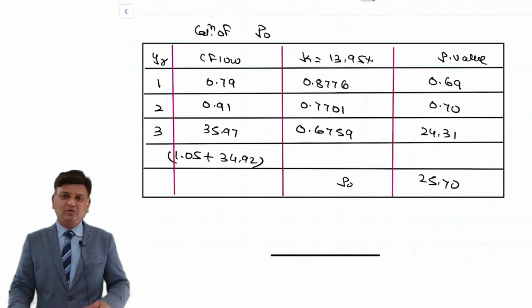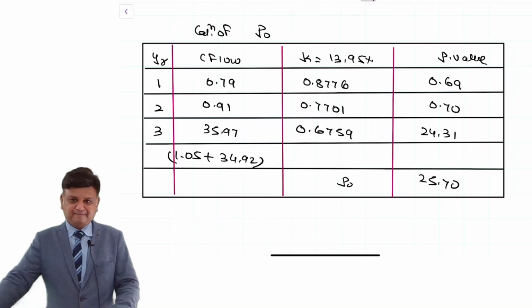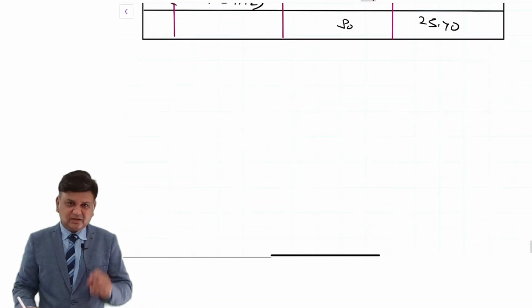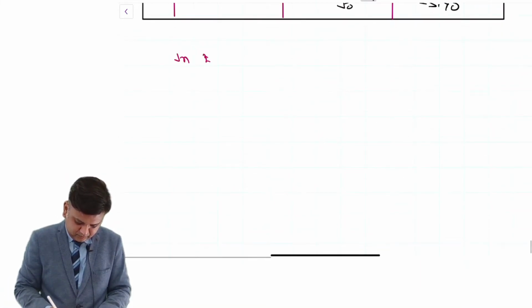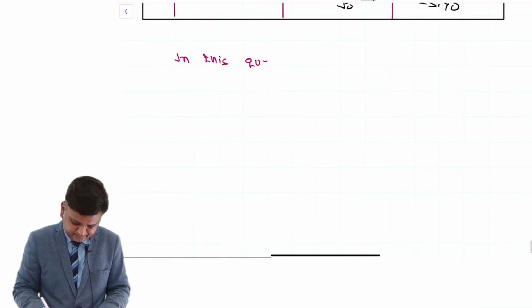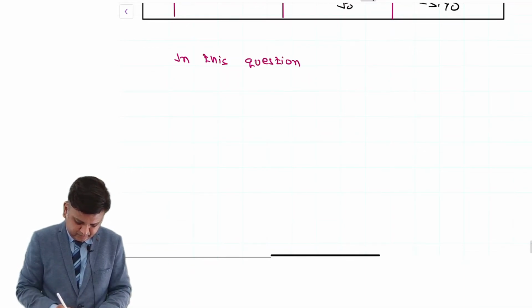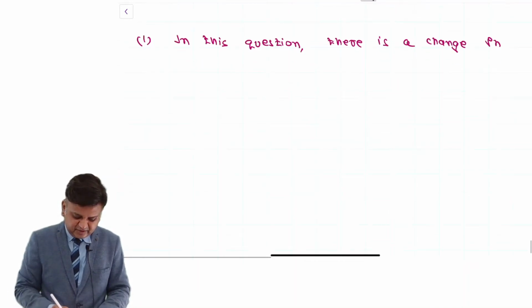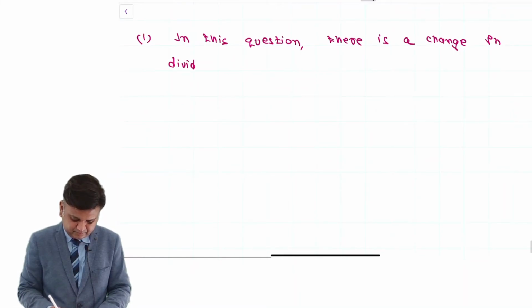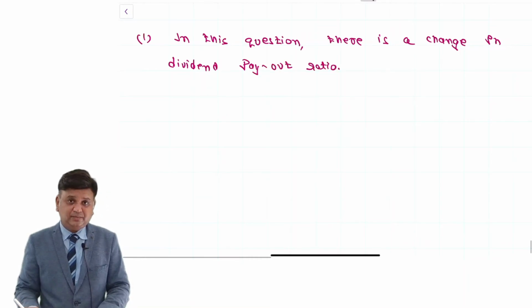Last, I am dictating a note to you before we conclude. So write down a small note. In this question, comma, there is a change in dividend payout ratio. Full stop.